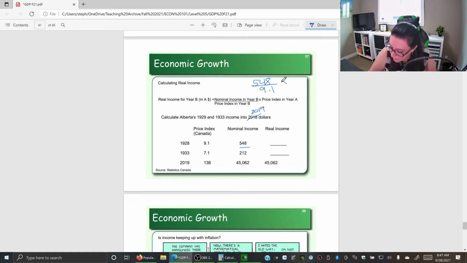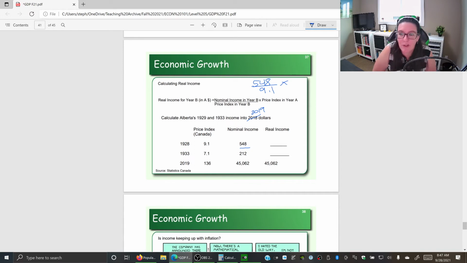And then what I want to do is add the inflation for the 2019 period that I want to convert the 548 into. So 548 divided by the CPI from that same year times the CPI. In this case, if we're looking at 2019, 136.